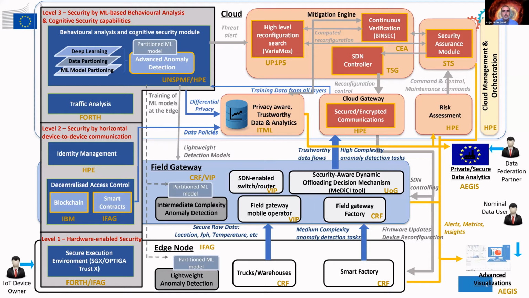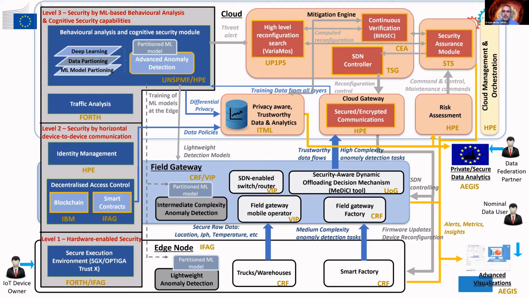And now, when an anomaly is detected, we have some components that belong to the mitigation engine. When some anomalous behavior happens, they try to mitigate the consequences. And so the data goes through the security assurance module, which you can see on the right side.